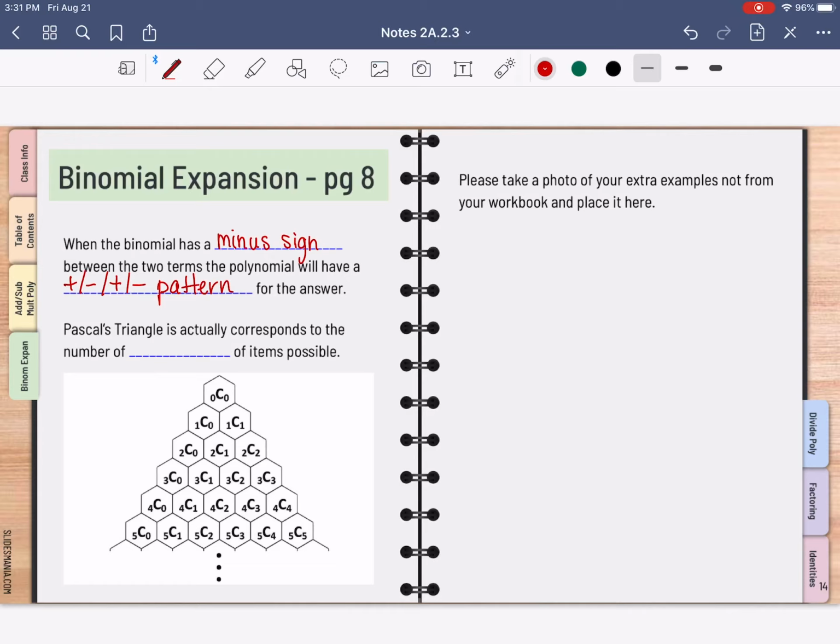And something extra that you guys should know is that Pascal's triangle actually corresponds to the number of combinations of items possible. So what that means is, like this C52 on this little Pascal's triangle, if you have 5 items, that's how many combinations of 2 I could create.